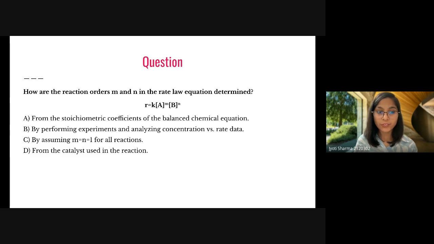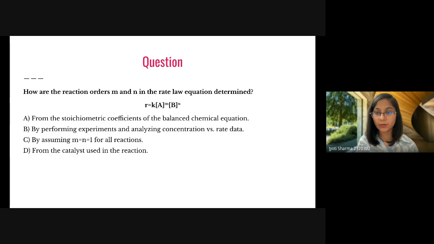So we have four options: from the stoichiometric coefficients of the balanced chemical equation, by performing experiments and analyzing concentration versus rate data, by assuming m is equal to n is equal to 1 for all reactions, and from the catalyst used in the reaction. So what do you think, how we can calculate this m and n? You have options A, B, C, D. You can write in the chat box.